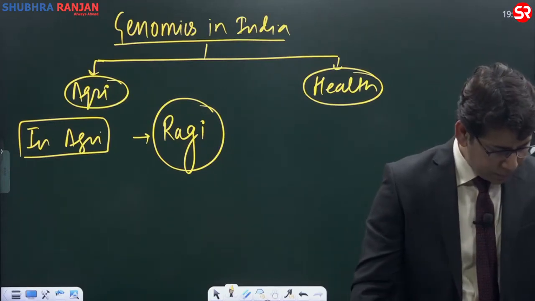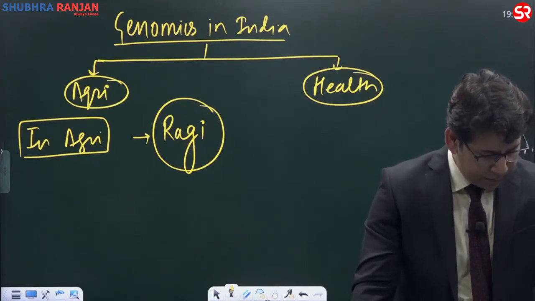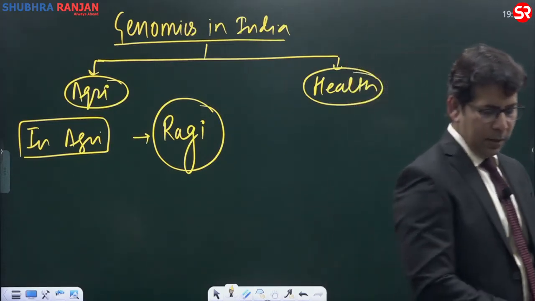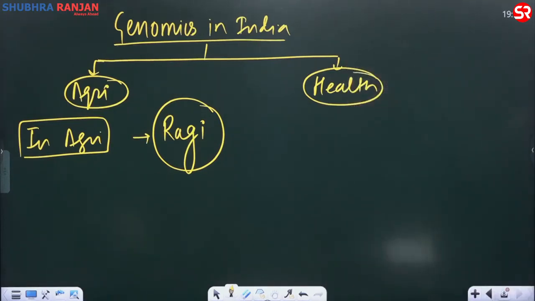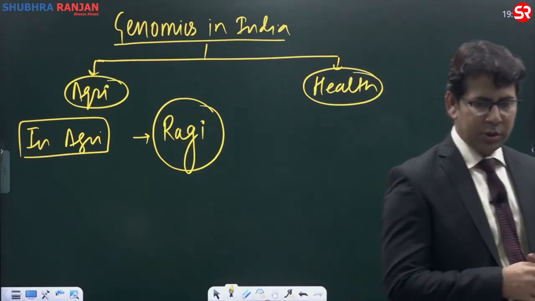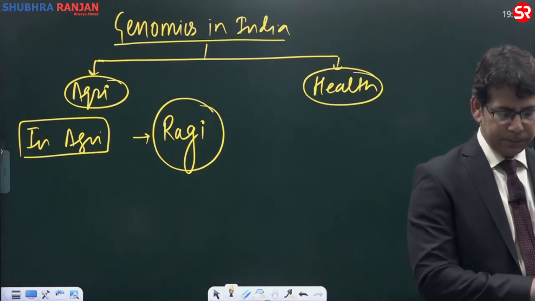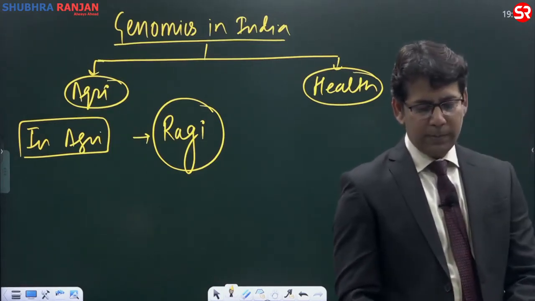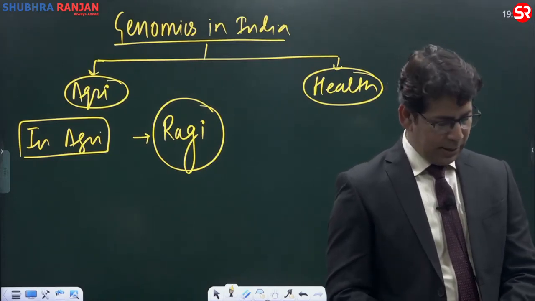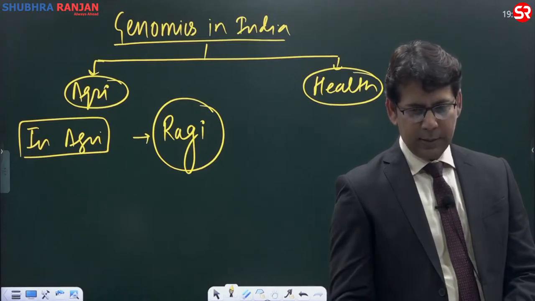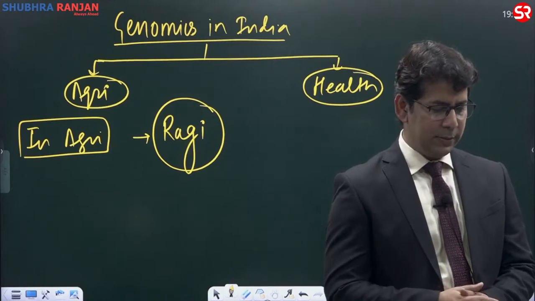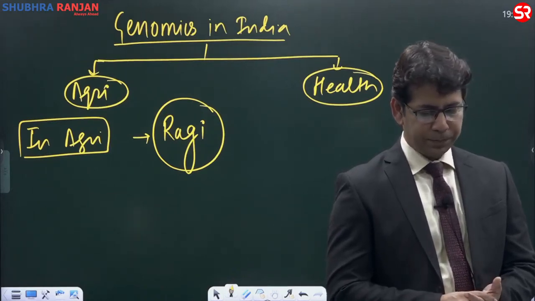So you can write, sequenced genome of ragi and discovered a set of genes which make ragi suitable in semi-arid land, suitable in semi-arid cropland.